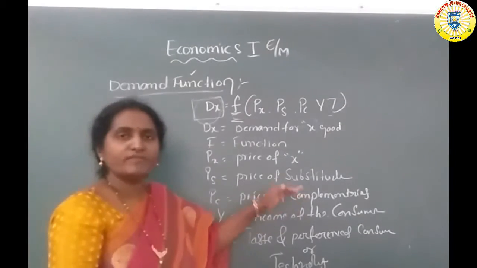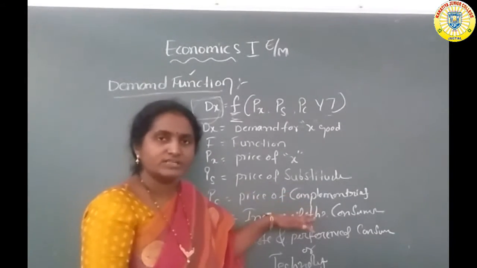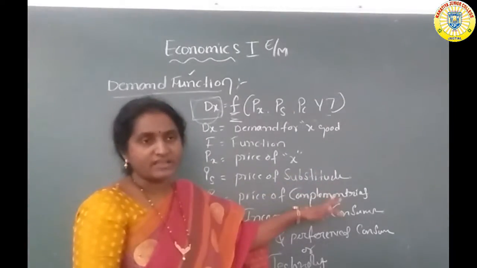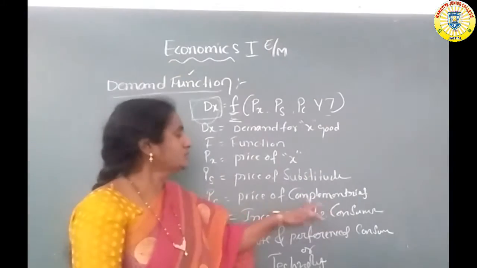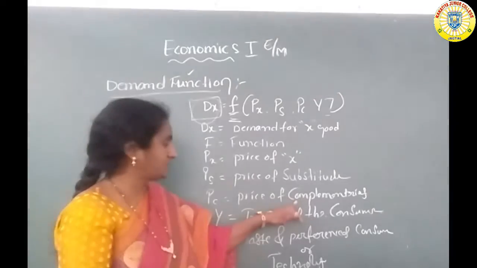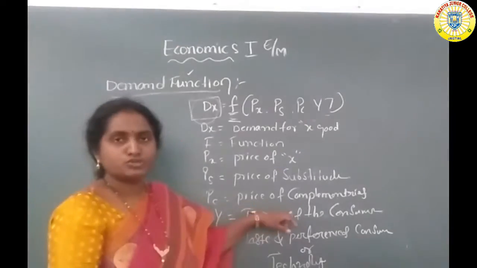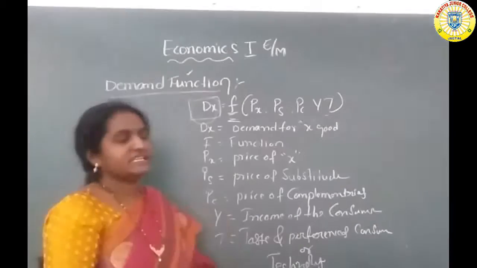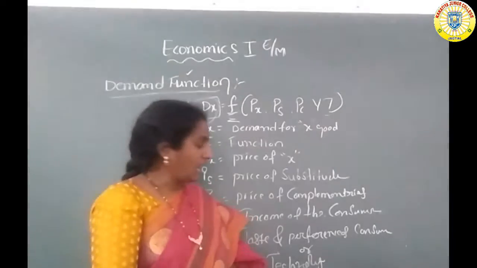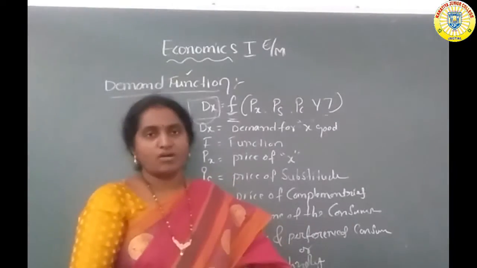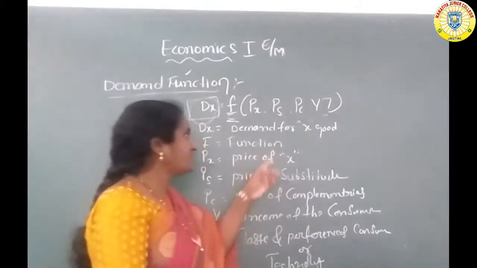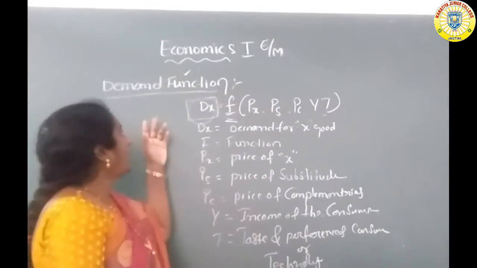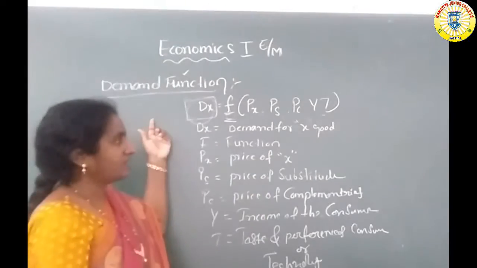If the consumer wants to satisfy a single want, he needs more commodities or services. Then Y is the income of the consumer, T means taste and preference of the consumer and state of technology also. These are the determining factors of demand, and that is about the demand function.